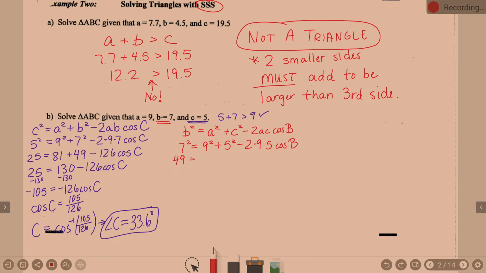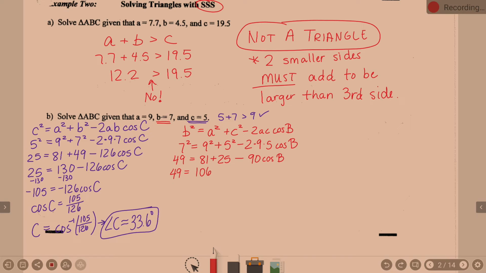49 equals 81 plus 25 minus 90 cosine B. And go ahead and add my 81 and 25.